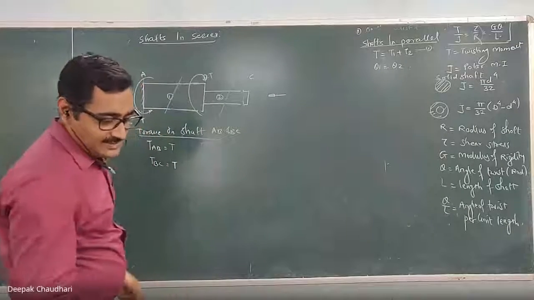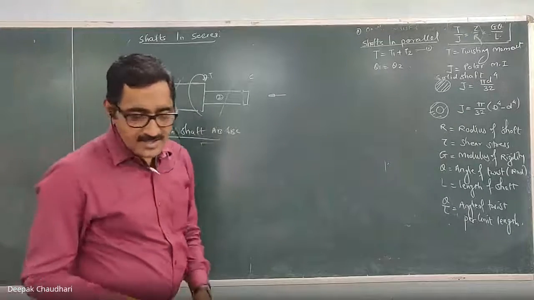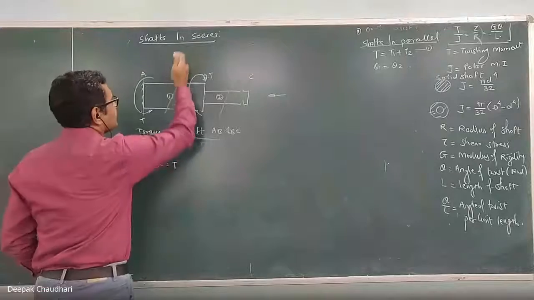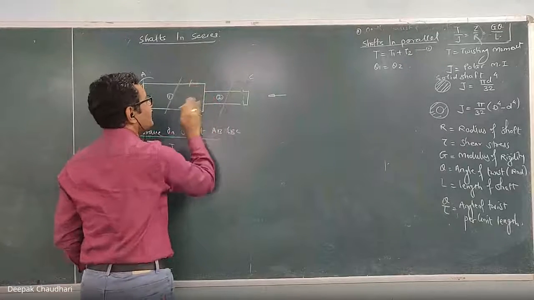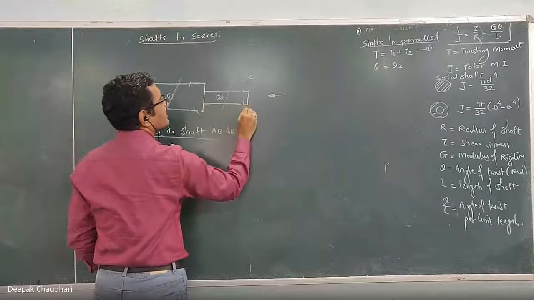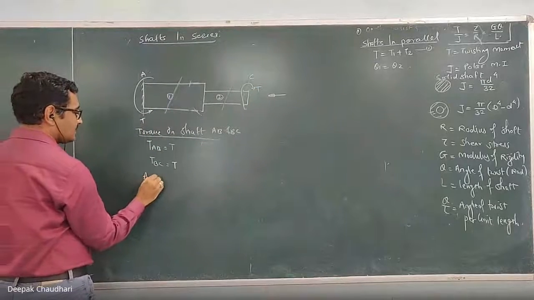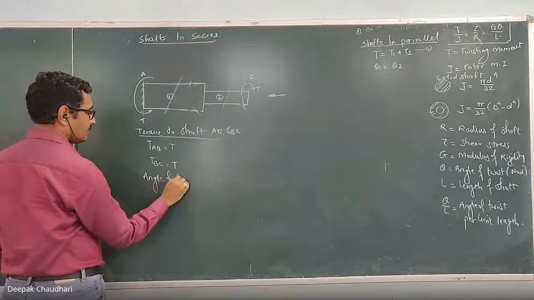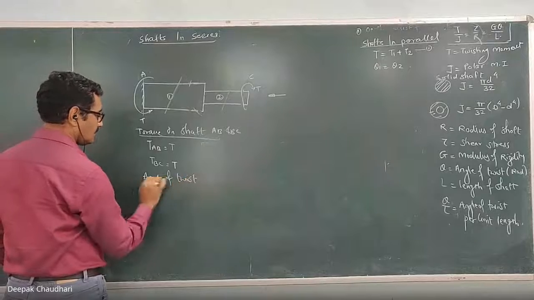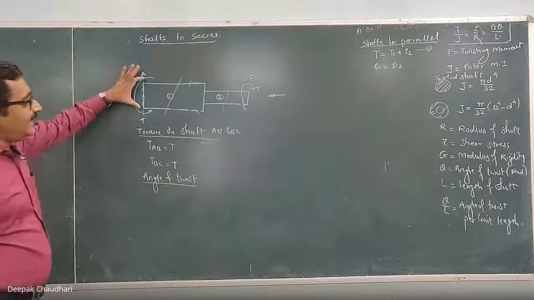Now, next one is the relation of the angle of twist. I am applying this torque here only. Okay, now this end is fixed.